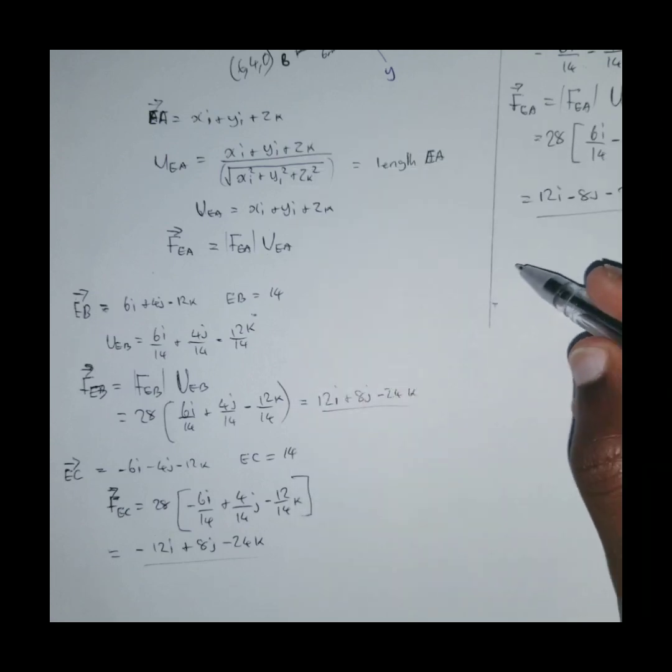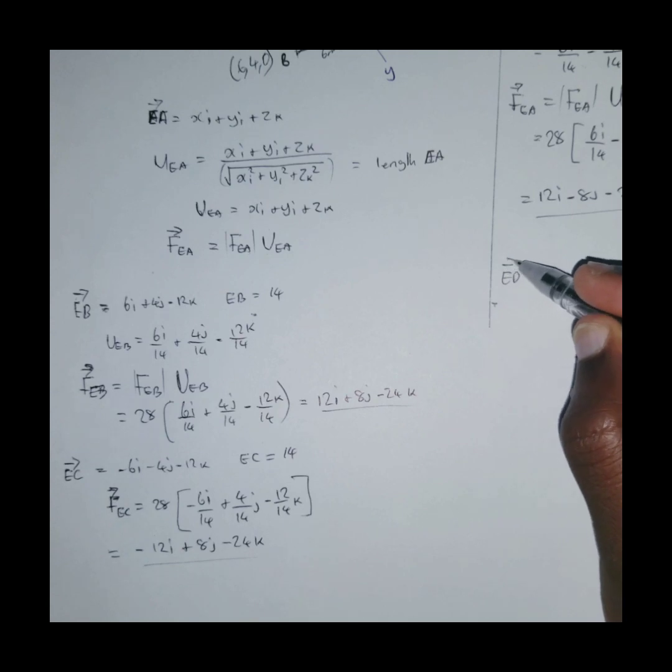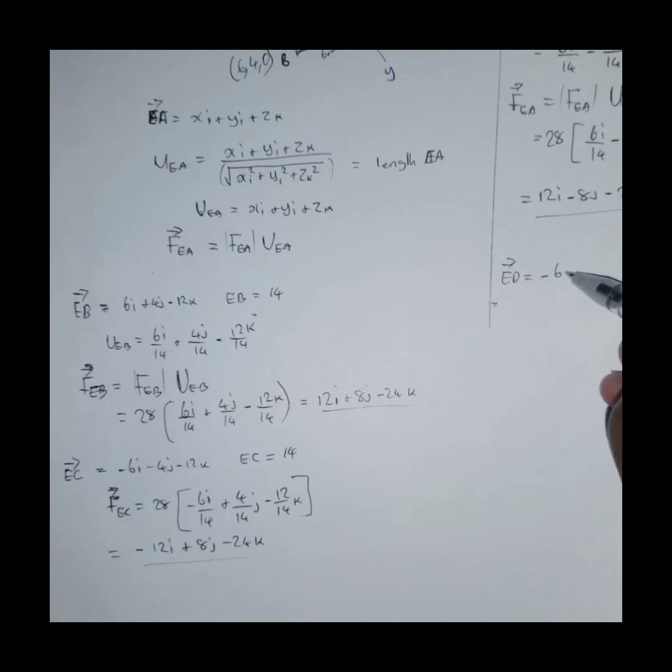And the last force, let me write it here. ED is equal to negative 6i minus 4j minus 12k.